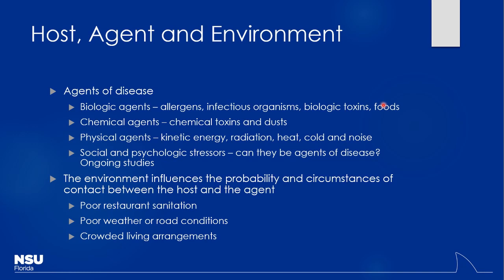They can go in there, shut that place down. So listen, 99-cent California rolls, while it may sound appetizing, can be quite deadly as it turns out. So don't do that, right? Get the good stuff. Anywho, but yeah, so we can look at things like circumstances, the environment that is going to play a role here in terms of poor restaurant sanitation, poor weather, road conditions, anything like that.